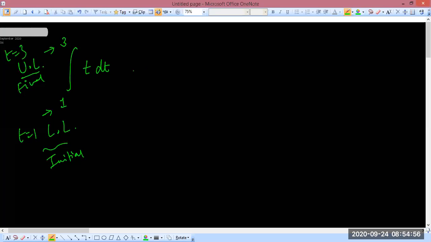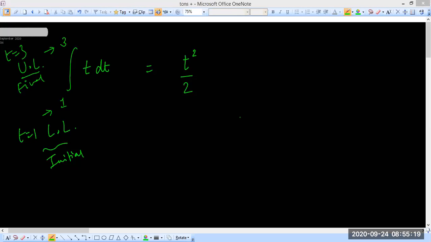First of all, you just ignore the limits and just do integration. What is the integration of t dt? Follow the rules. It will be t square by 2.